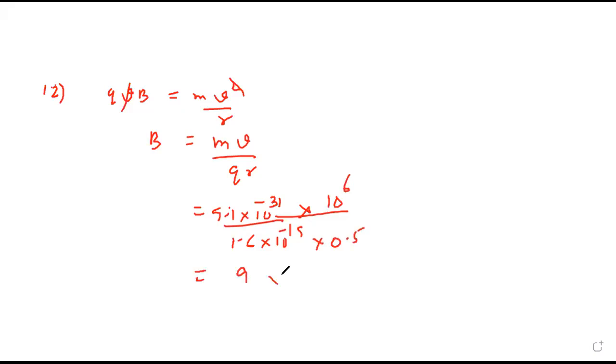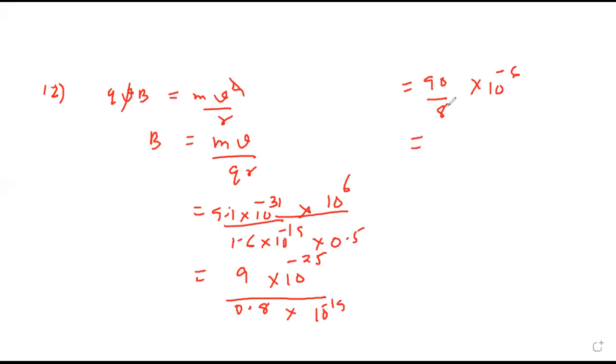So 9 × 10^-25 upon 1.6 × 0.5, which will become 0.8 × 10^-19. So 90 upon 8 × 10^-6.